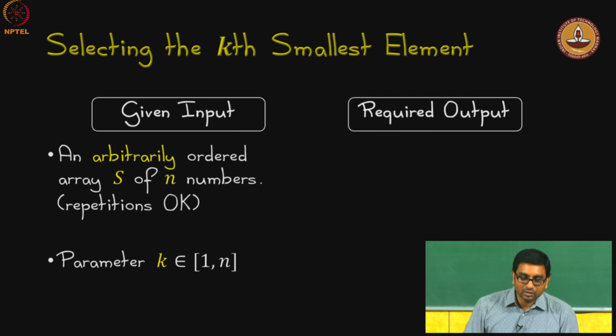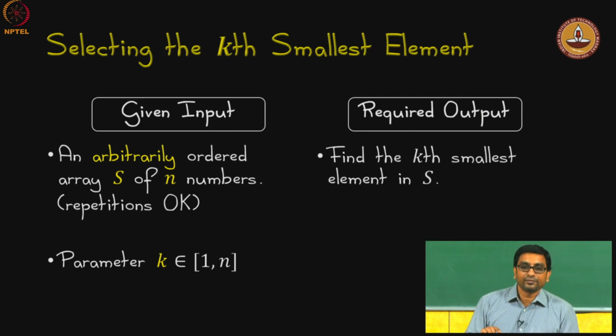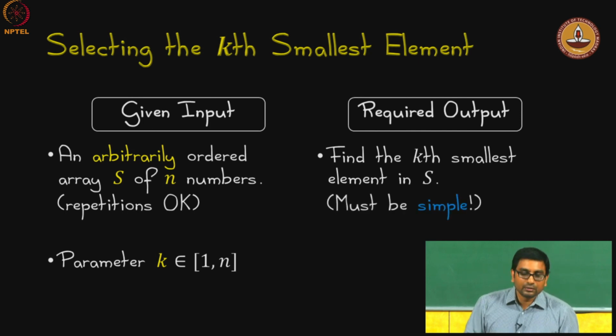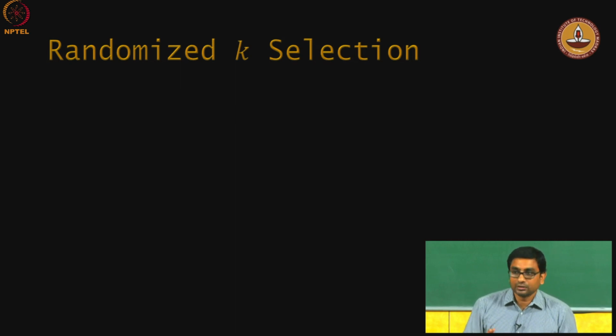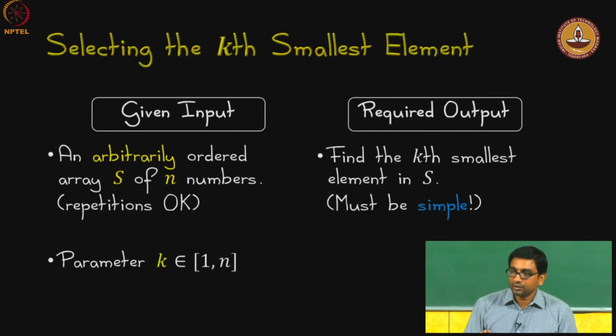What are you asked to find out? You are required to find the kth smallest element in the array S. Of course, when k is n over 2, you get the median. And importantly, we want this algorithm to be simple, because we already know a complicated algorithm for it. So without further ado, is the problem clear to everybody?